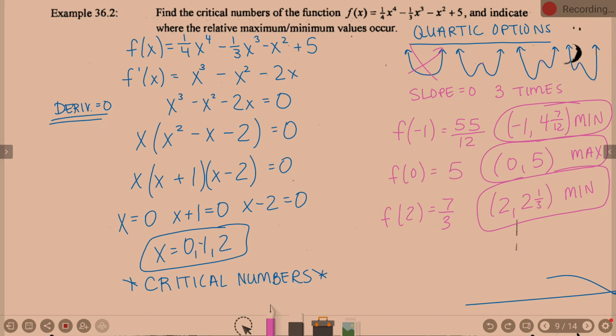Why did you say we don't need to worry about when the derivative doesn't exist? Well, those that don't exist are more special cases. This is a traditional quartic, and in a traditional quartic, you're not going to see a hard or sharp point in the middle of it.